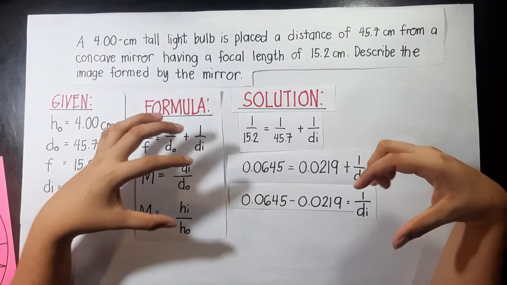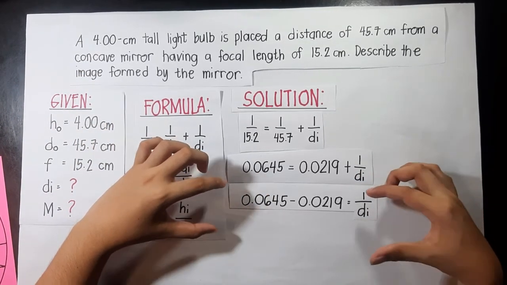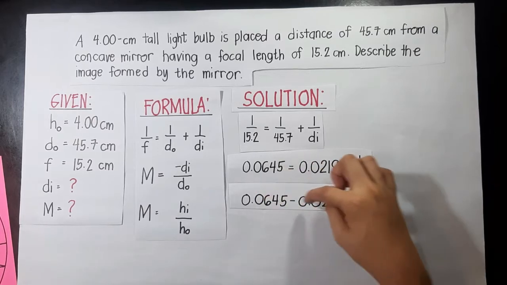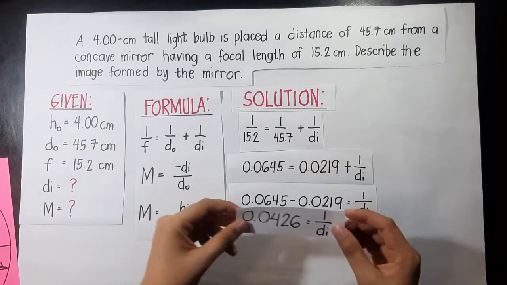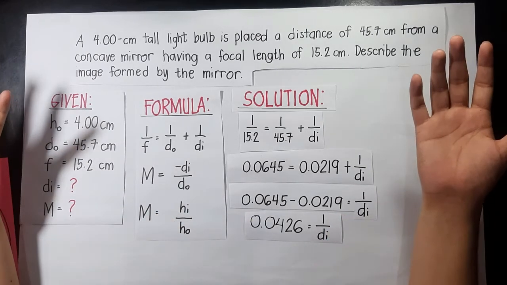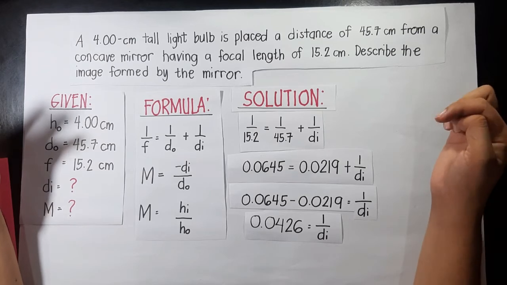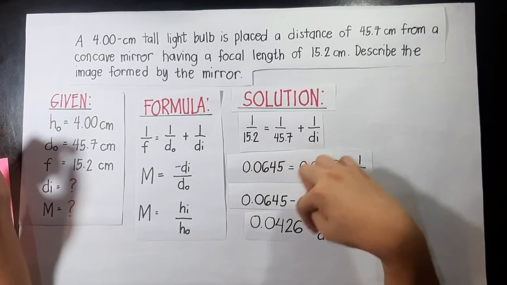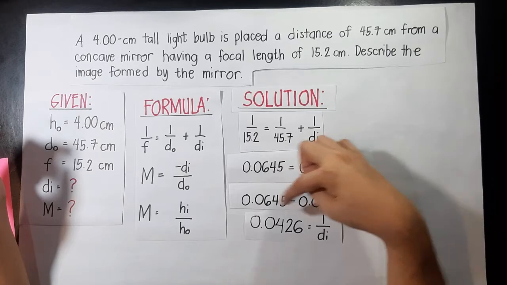So, meron na tayo ngayong another equation. So, ang susunod natin ay kukunin lang natin yung value or yung difference ng dalawa na to. At magka-come up tayo sa ganitong equation, which is 0.0426 is equal to 1 divided by DI. So, that 0.0426 is the difference of these two values.